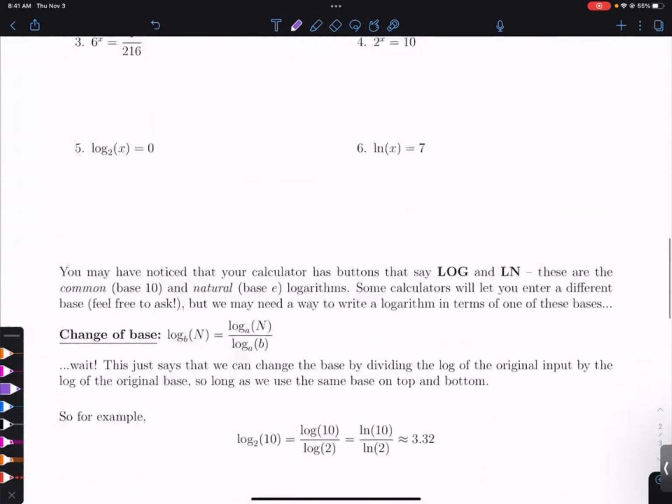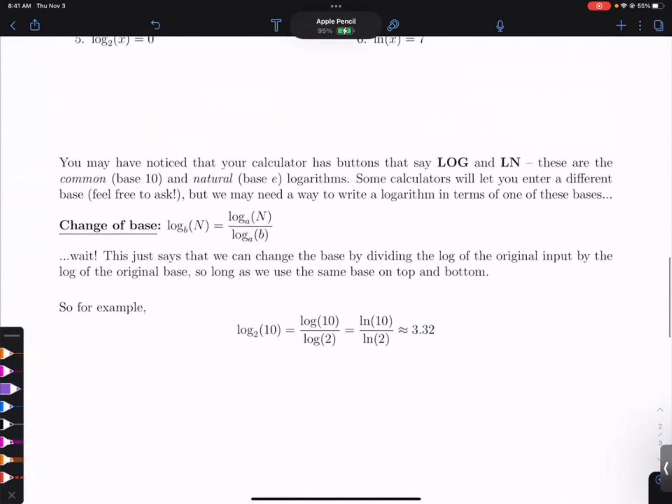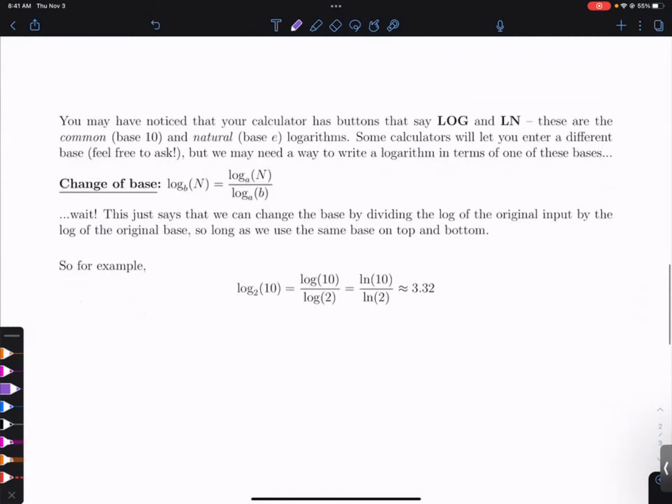If you take a look at your calculator, somewhere there should be a button that says log, and somewhere there should be a button that says ln. The shift function of those would be 10 to the x and e to the x.